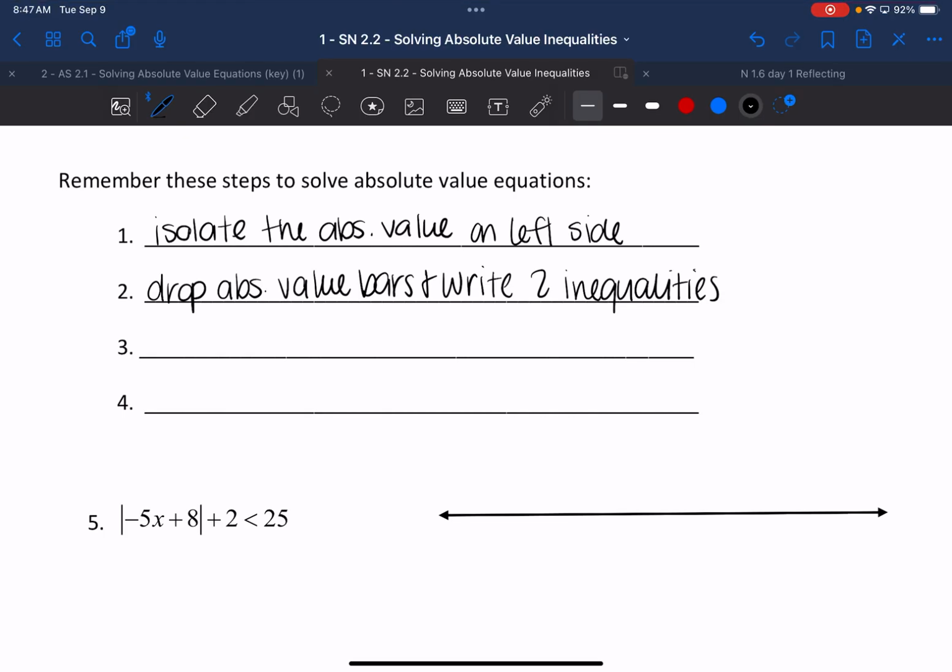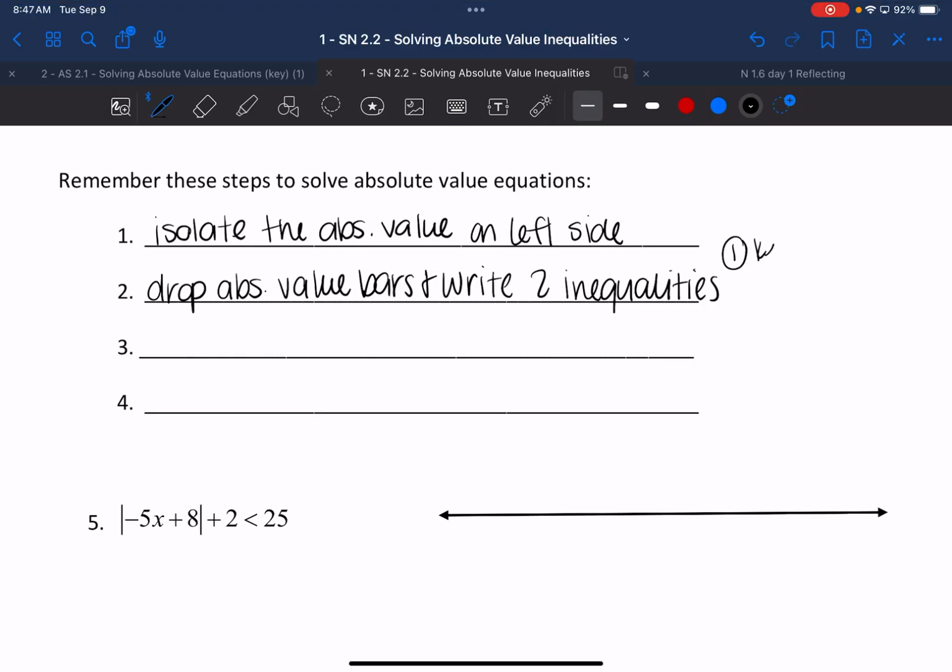Now for the equations, all we had to do was change the signs of the right side, right? Because it was just a normal equal sign. But today, when we're dealing with inequalities, not only am I going to change the signs of the right side, I also have to flip the inequality, right? So for the first one, remember you're going to keep it exactly as is.